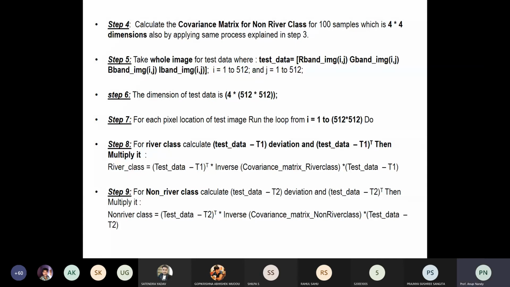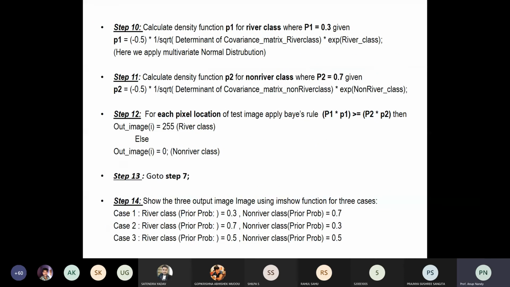Now these 16 values have to be converted into X and Y dimensions, because here it is presented in a single dimension, I is equal to 1 to 512 into 512. The output image will have values 0 or 255.